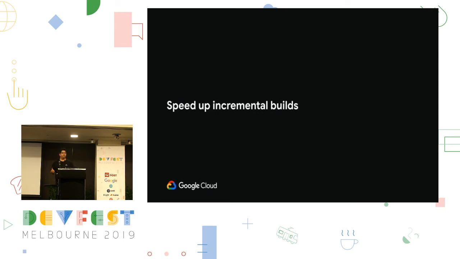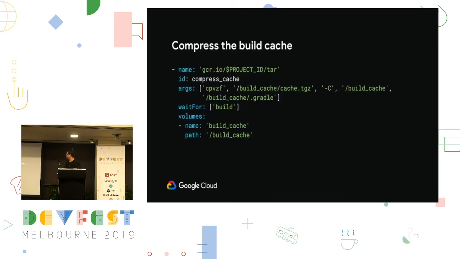So I just want to show you how you could basically reuse your build cache across builds to get you, I think on this app, a saving of about 30 to 40% in time if you just reuse the build cache, because then your incremental builds are very small. So after our build is done, so you'll notice our wait for build, we're going to use that tar command to compress our cache.